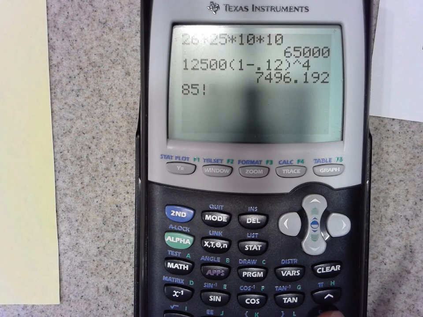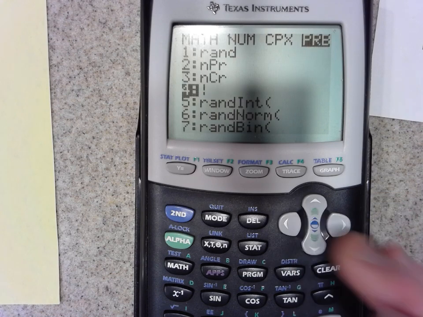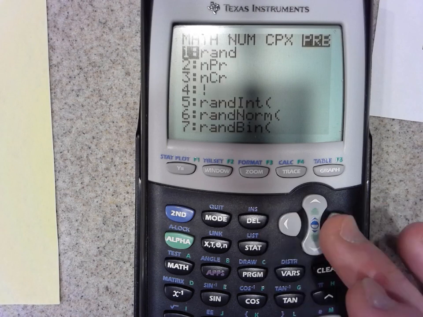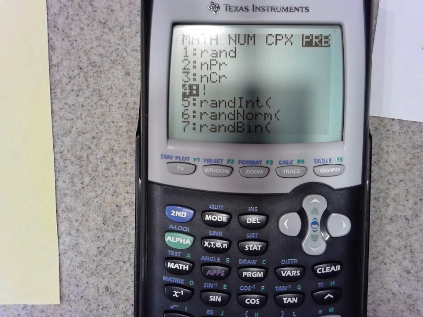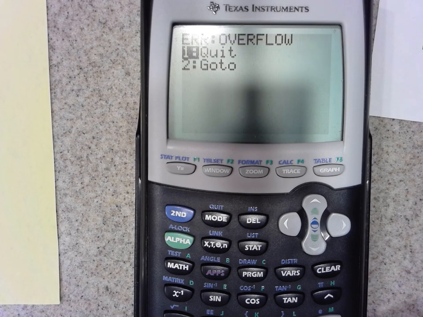And I want to divide that by, and then use parentheses because I've got to multiply these two together first. 5, math menu, across to probability, fourth option, times an 85 minus 5, which I know is 80 factorial. So math, over to probability, fourth option, close parenthesis. And I hit enter, and it gives me an error because the numbers were just too big.